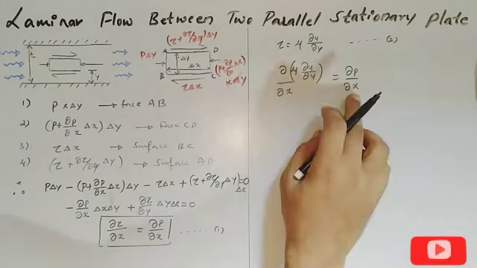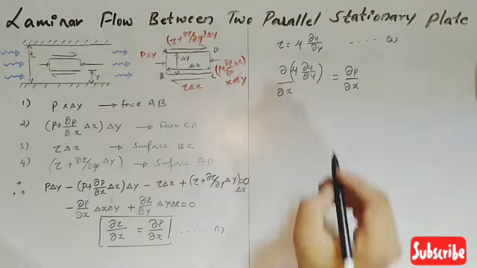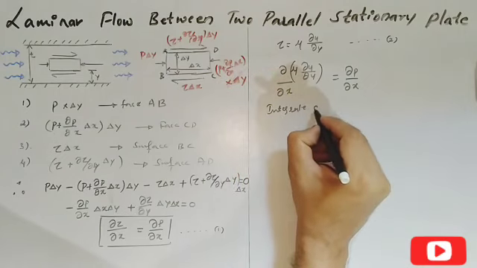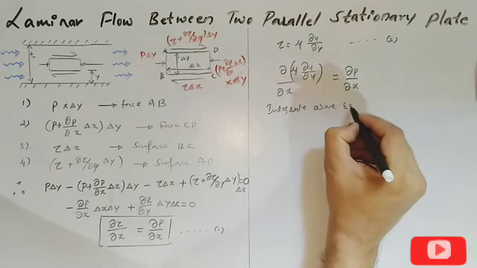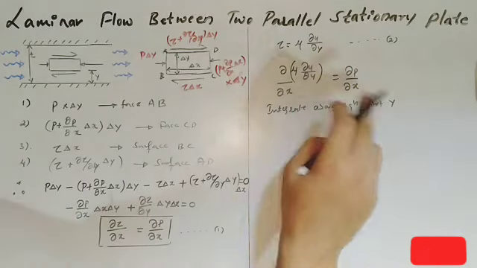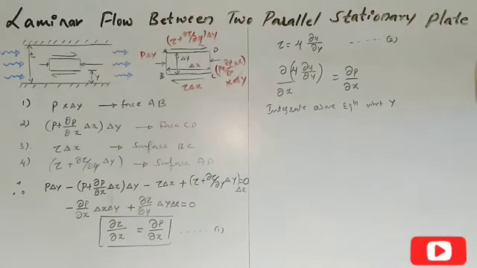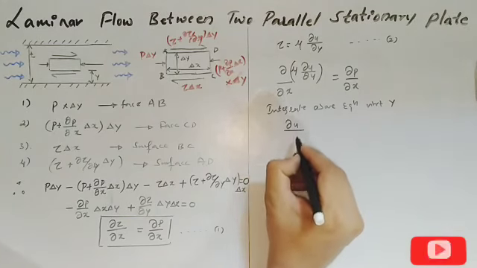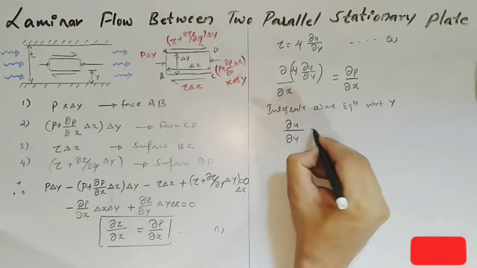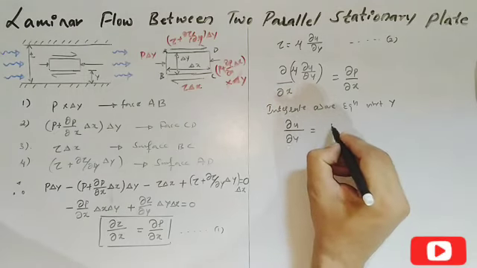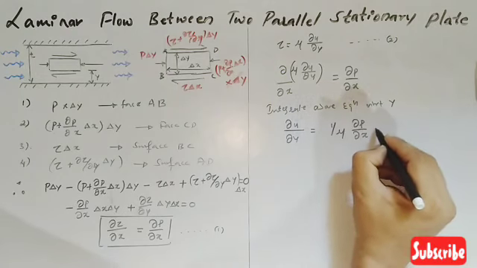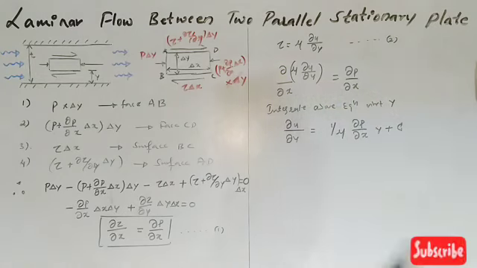Now if I integrate this equation with respect to y, so integrating the above equation with respect to y, I will get ∂u/∂y equals 1/μ ∂p/∂x y plus a constant.